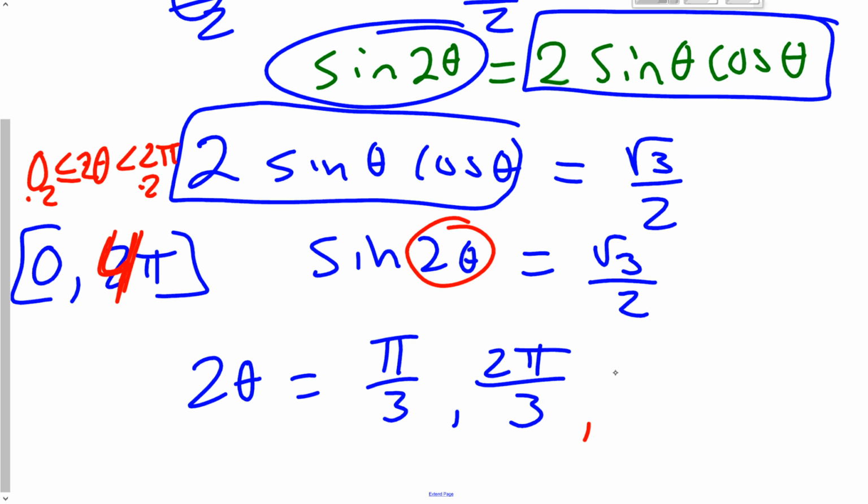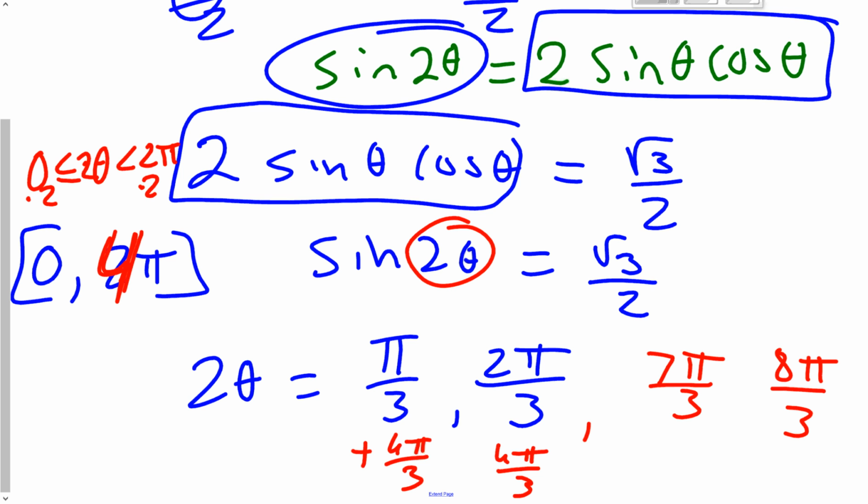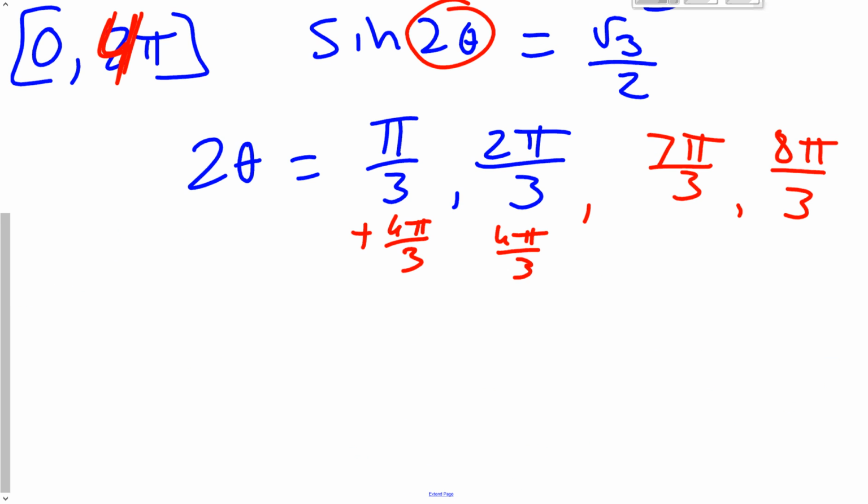Adding 2 pi to this, that would be 6 pi over 3 with a common denominator, because 6 divided by 3 is 2, so I'd get 2 pi. So my other ones are 7 pi thirds and 8 pi thirds. Those are actually all four of my answers here.